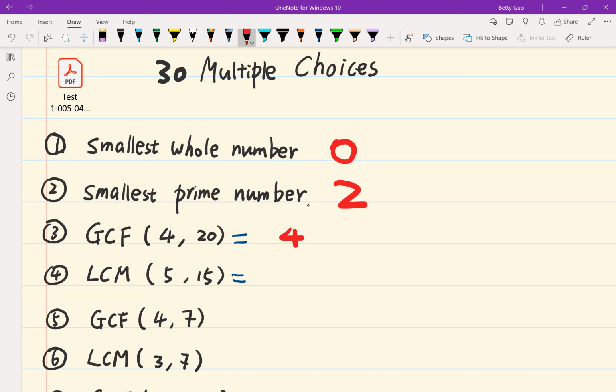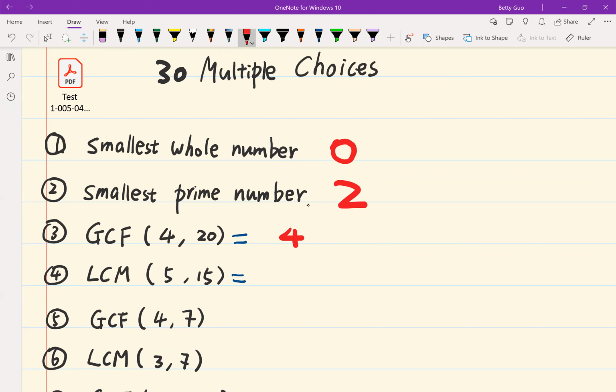In special case number 1, the GCF is the smaller number and the LCM is the bigger number. Do you guys remember that? 4 is the biggest factor of itself, and 4 is a factor of 20. That makes 4 the biggest common factor of both. So number 3 is the first special case for GCF.